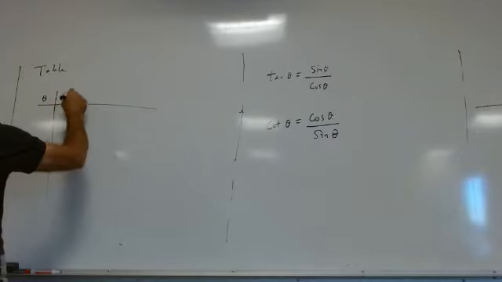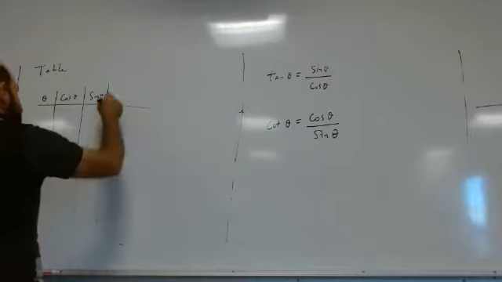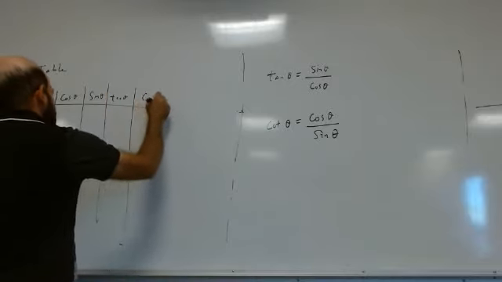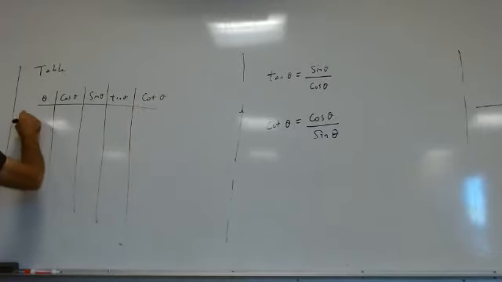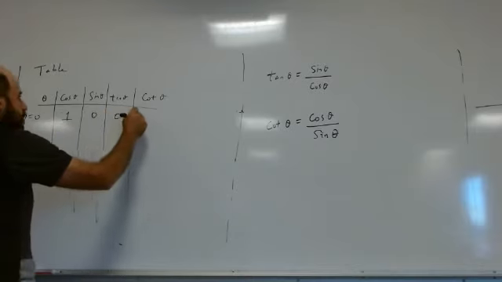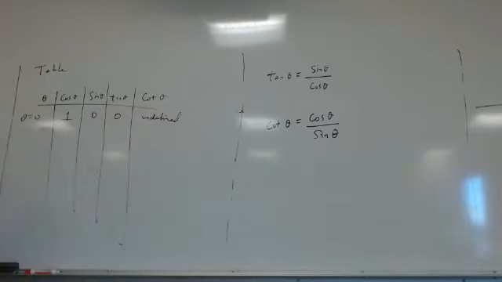Let's say cos theta, and then you have sine theta, tan theta, cot theta. Now, if theta equals 0, cos is 1, sine is 0, tan is 0, cot is undefined, because 1 over 0 will be undefined.